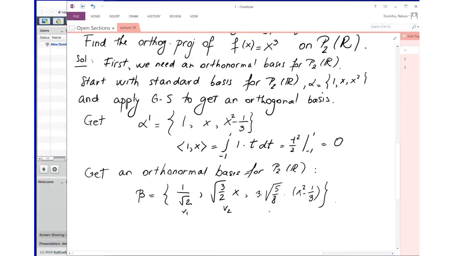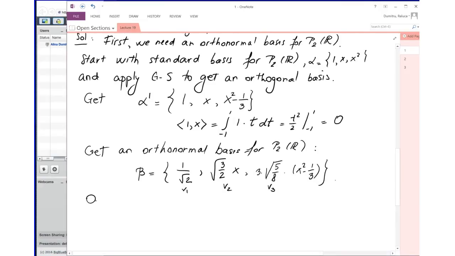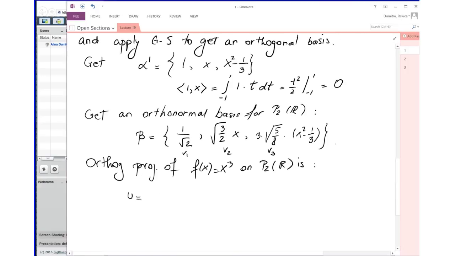So the orthogonal projection of x cubed on P2 of R is u, which is the sum of the inner product of y with vi, times vi. Y is x cubed. So it is the inner product of x cubed with v1, times v1, plus the inner product of x cubed with v2, times v2, plus the inner product of x cubed with v3, times v3.